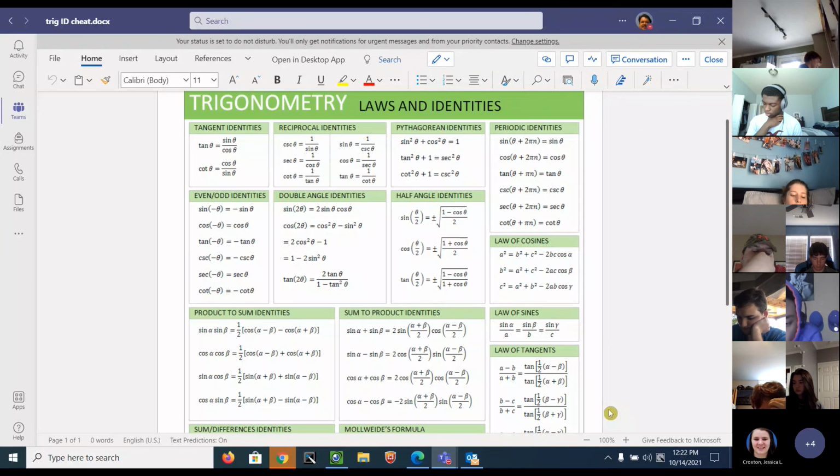All right, so here we go. Let me write it down first. It looks like tangent of 2 theta is equal to 2 tan theta over 1 minus tan squared theta.